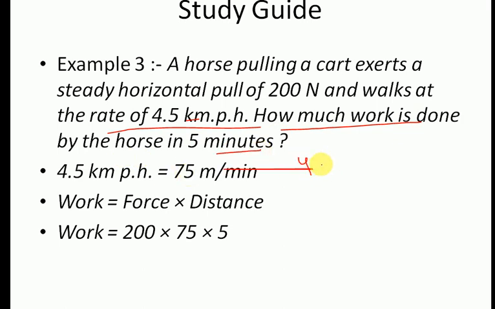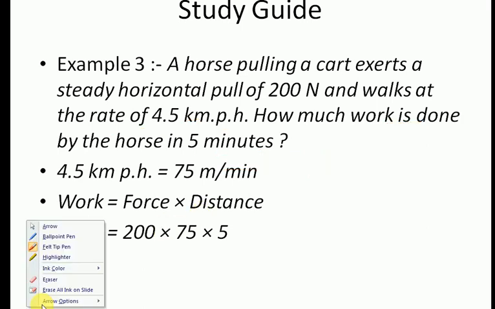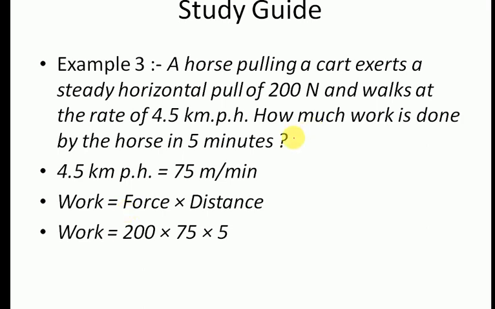Now what is 4.5? I'm talking about the 4.5 first. 4.5 kilometer per hour, and here we are interested in meter per minute. 4.5 kilometer per hour equals 75 meter per minute.